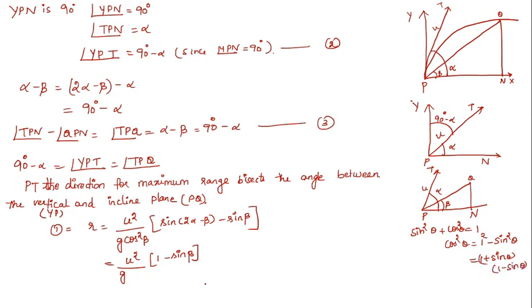So instead of theta here it is beta. So I can write it as 1 plus sine beta into 1 minus sine beta. The denominator cos square beta, I am writing as 1 plus sine beta into 1 minus sine beta. That 1 minus sine beta in the numerator and denominator will get cancelled. Finally, you will get u square by g into 1 plus sine beta. This is your maximum range. Okay.